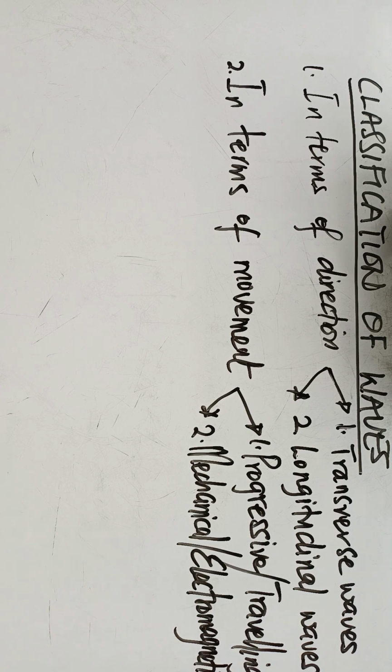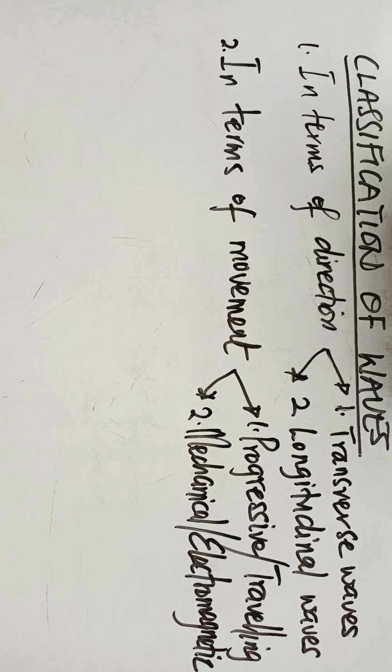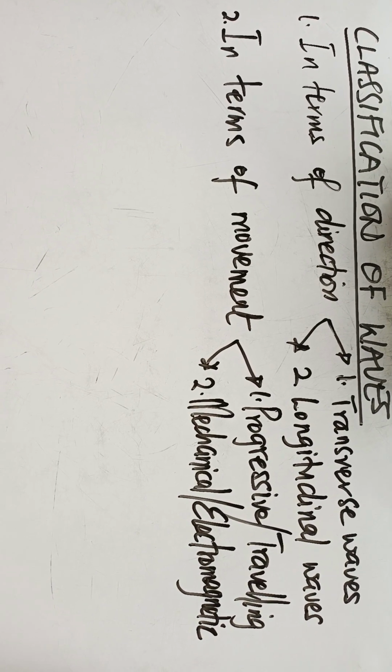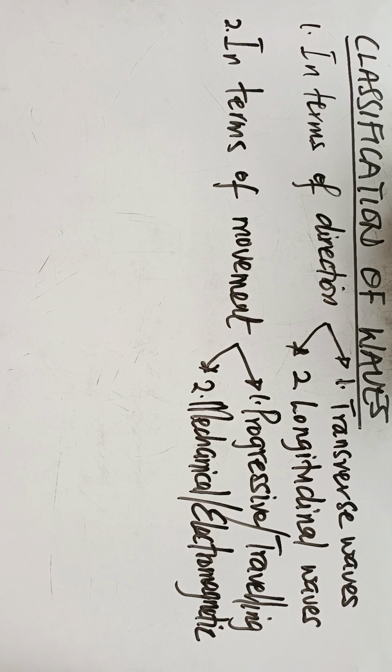So in terms of their movement, they can be classified into progressive or traveling waves and mechanical or electromagnetic waves. All right, so let's look at the other options that we are not looking at.